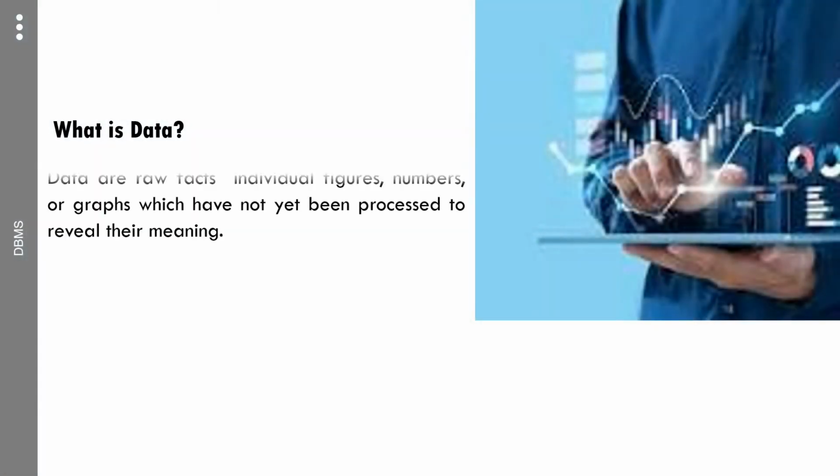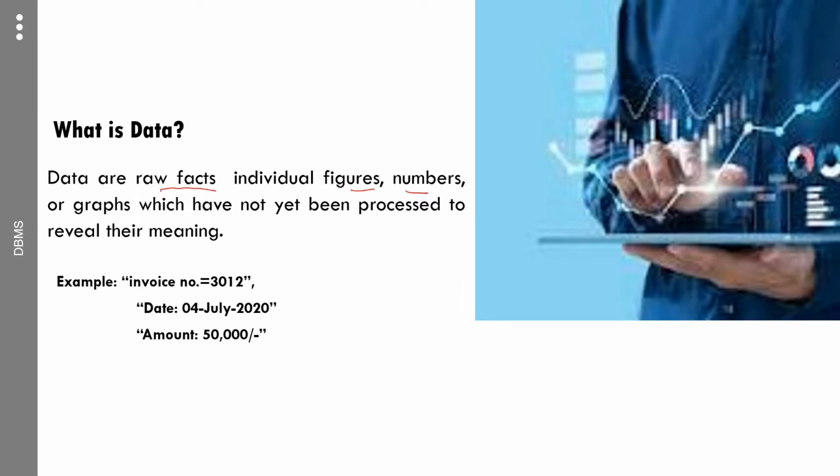Now, what is data? Data are raw facts, some figures, some numbers, which have not yet been processed to reveal their meaning. So, data are some raw facts. I'm giving you an example. Suppose a company is generating invoices against different orders. So those invoices will have these fields, invoice number equal to 3012.